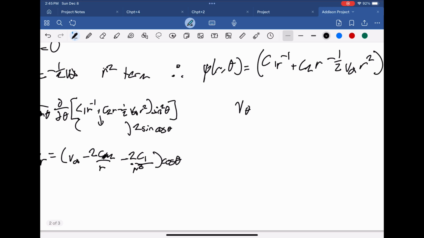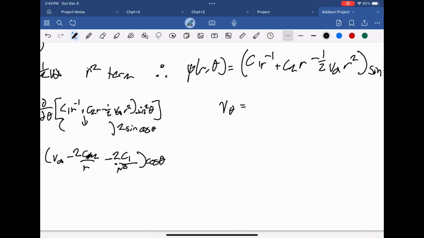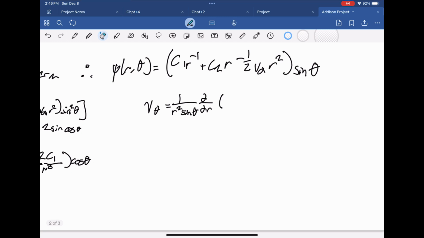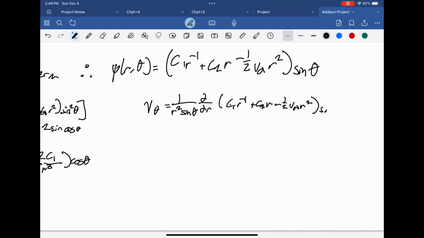All right, for V theta, we have 1 over R squared sine theta from before, and we're substituting in the phi equation from above: C1R to the negative 1 plus C2R minus 1/2 V infinity R squared, all times sine theta.